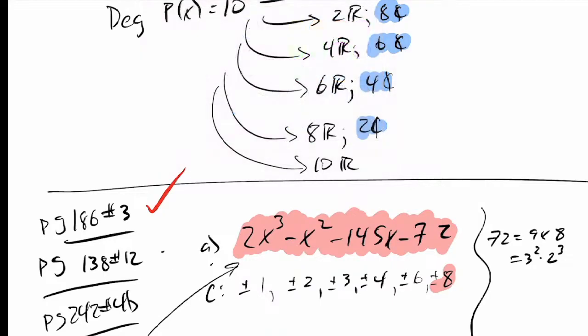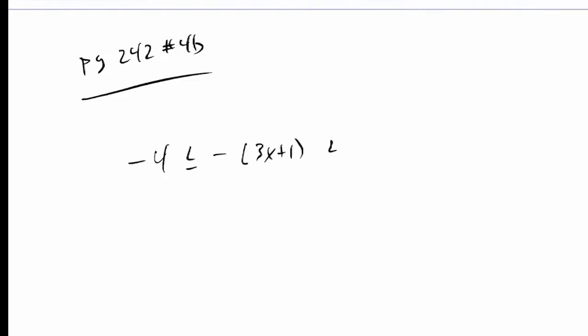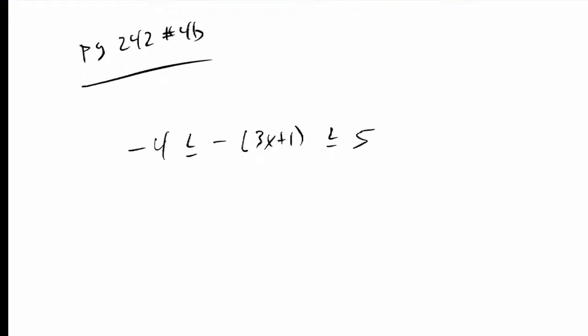Okay, Michael wanted 242 4B. So Michael, for this one here, what they're getting at is it's a two-sided inequality, but the idea here is I want to get x by itself in the middle.